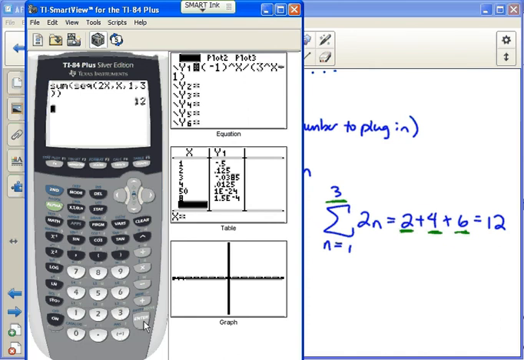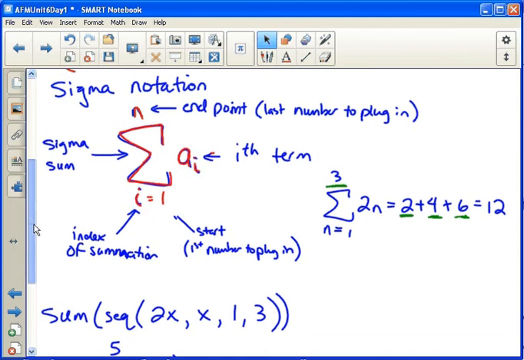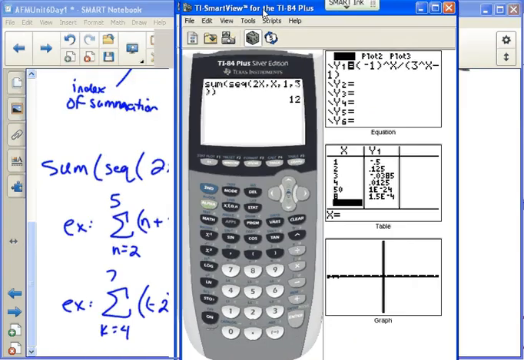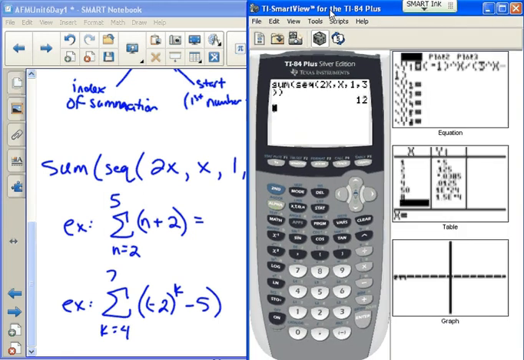Alright, so I need to do the sum, or the sigma notation, for n plus 2 from 2 to 5. So the sum of n plus 2 from 2 to 5. So I go to second stat, go over to math. The fifth one down is sum. I go to second stat, go to OPS. Fifth one down is sequence.